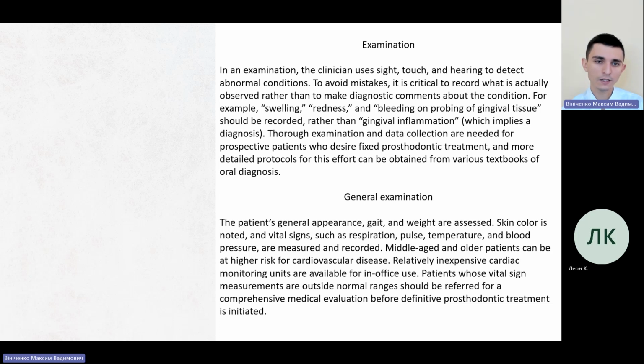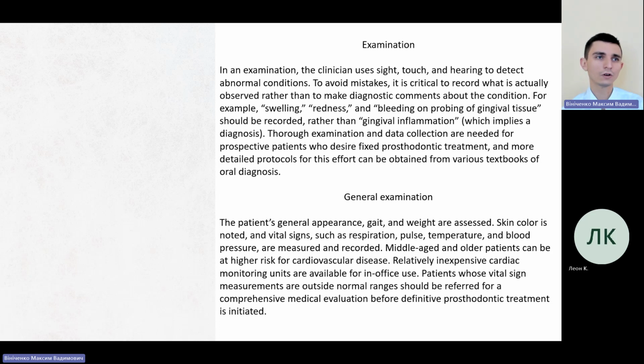For example, swelling, redness, and bleeding on probing of gingival tissue should be recorded, rather than gingival inflammation, which implies a diagnosis. Thorough examination and data collection are needed for prospective patients who desire fixed prosthodontic treatment, and more detailed protocols for this effort can be obtained from various textbooks of oral diagnosis.